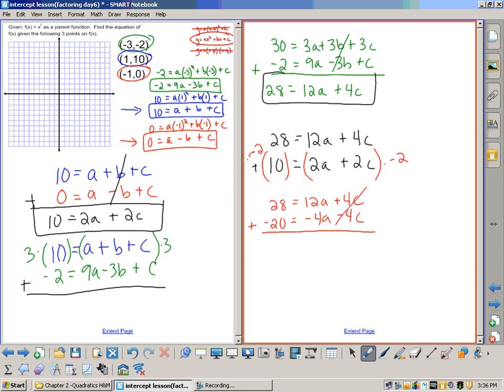Alright, my c's are going to cancel. I'm going to get 8 equals 8a, divide by 8, divide by 8. Oh, finally, I got a equals 1.